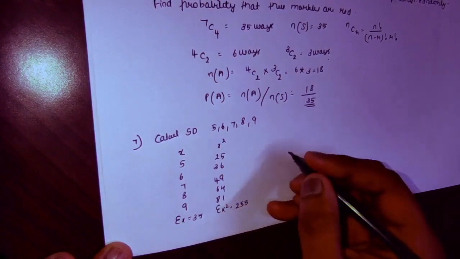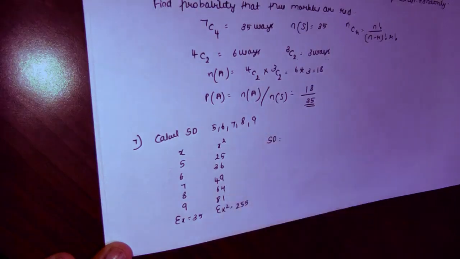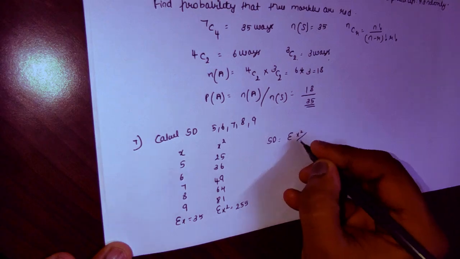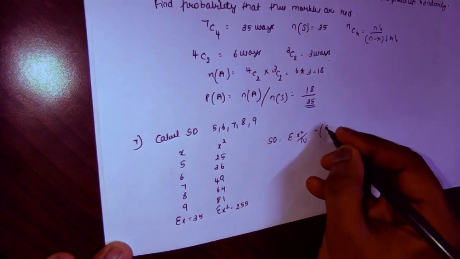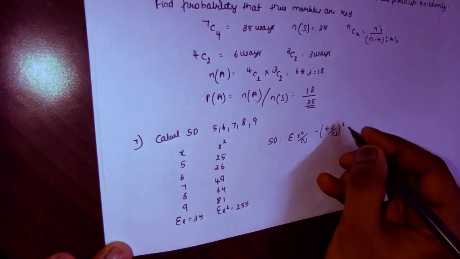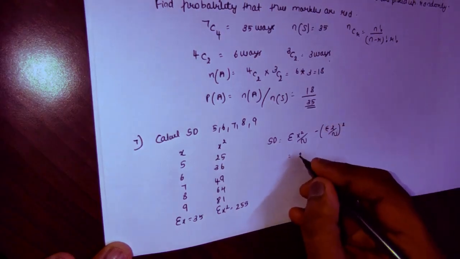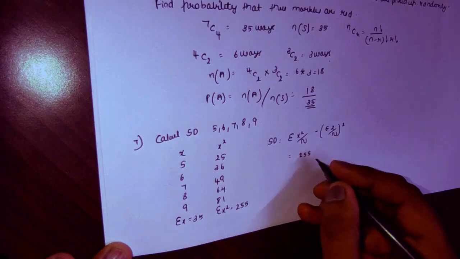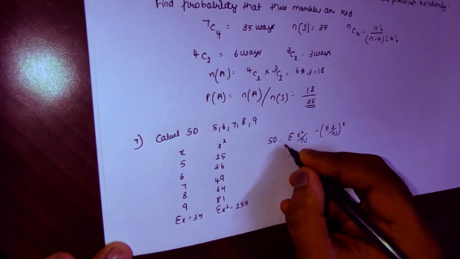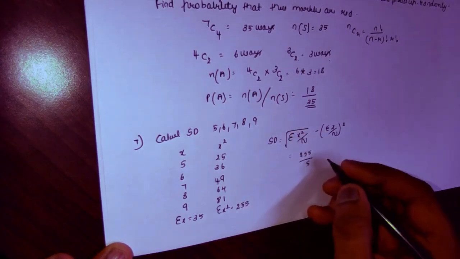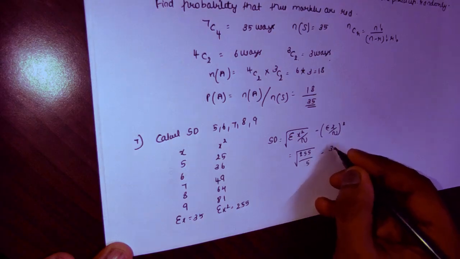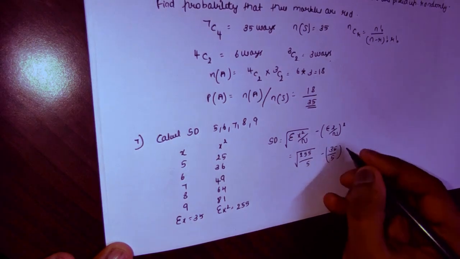Now we know the standard deviation formula, that is square root of summation of x square by n minus (summation of x by n) whole square. That is square root of 255 by 5 minus (35 by 5) whole square.